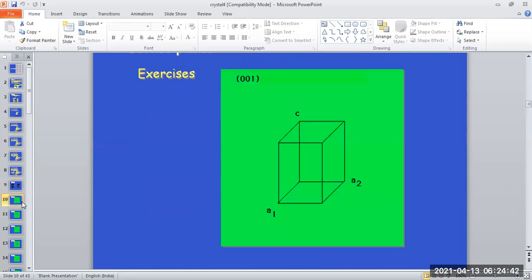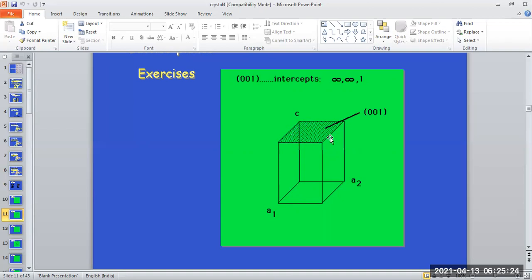Now, why is it called 001? You can see A1, A2, and C are the lattice planes with respect to the x-axis, y-axis, and z-axis. How can I write 001 by looking at this cube? I already told you this is the x-axis, and this is represented as the y-axis and z-axis.